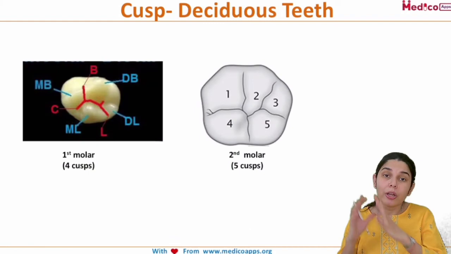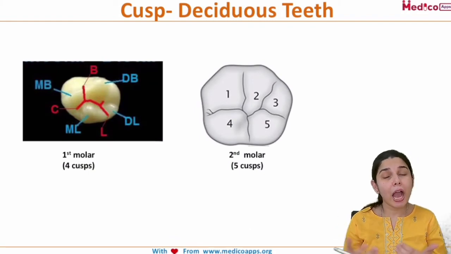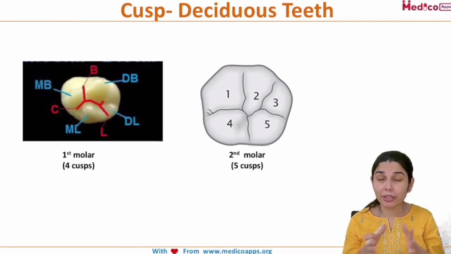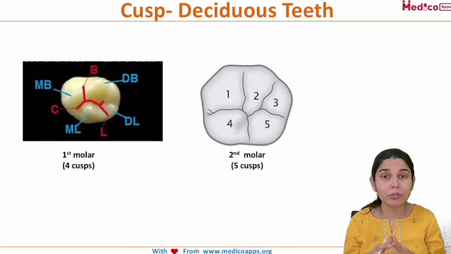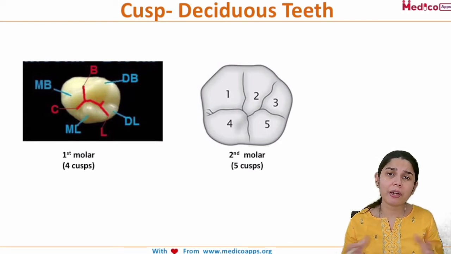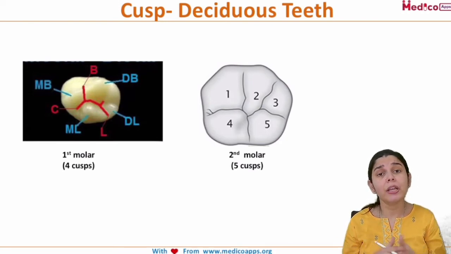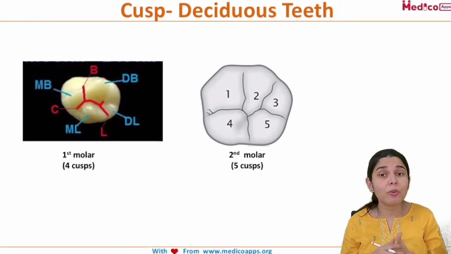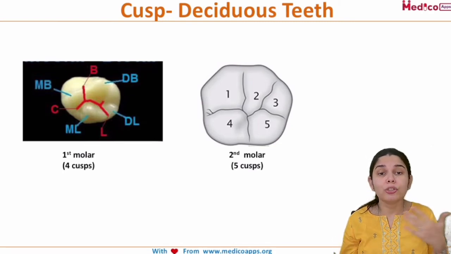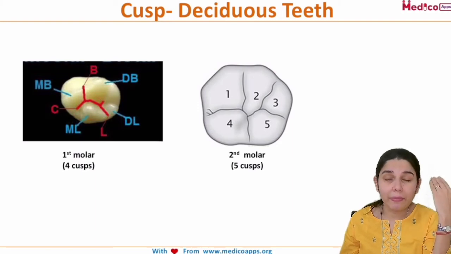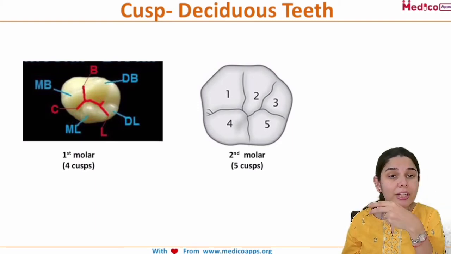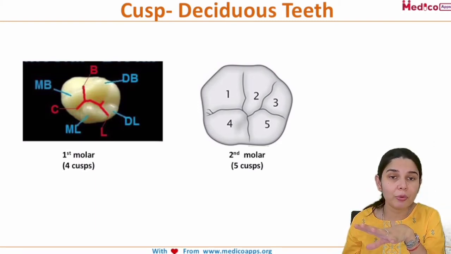I hope now you can easily differentiate the cusps and what exactly a cusp is. Now, lastly, before ending, there are a few questions asked on cusps in MCQs, and one of the questions I came across in my examination was about the cusps of the deciduous teeth. Deciduous teeth just have the first and the second molar. They don't have premolars, and the canines don't have the cusp.